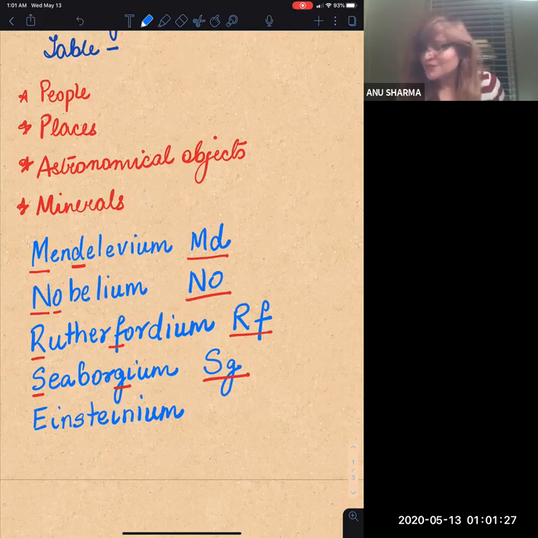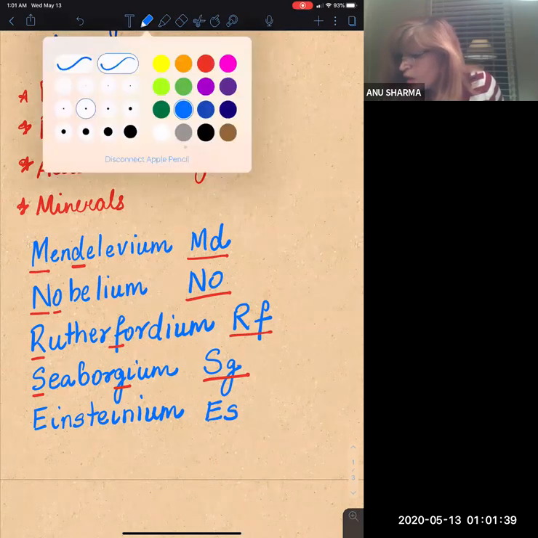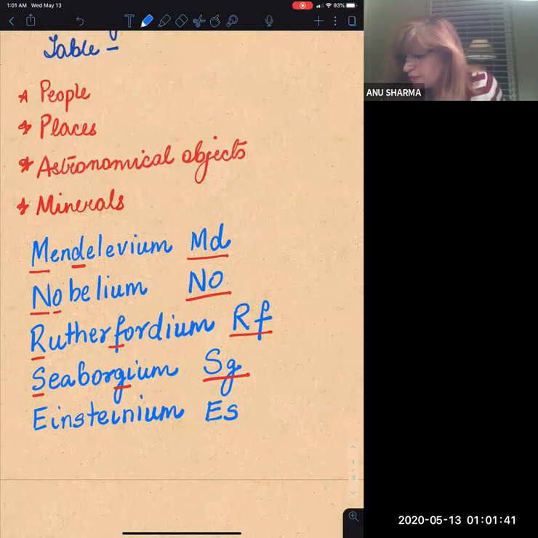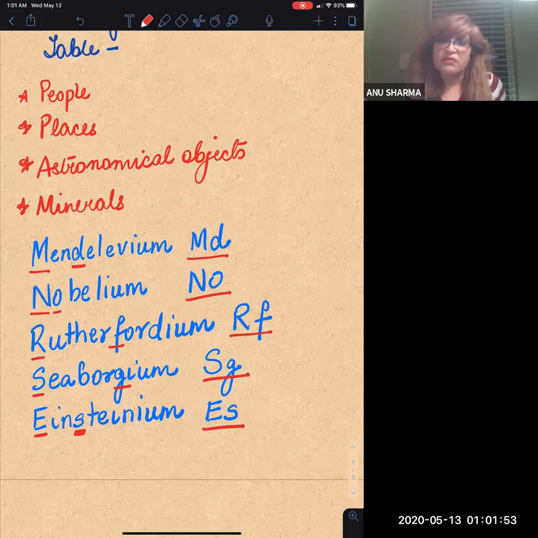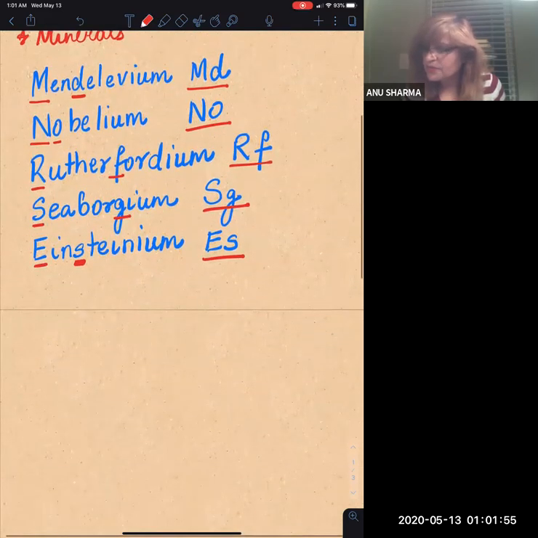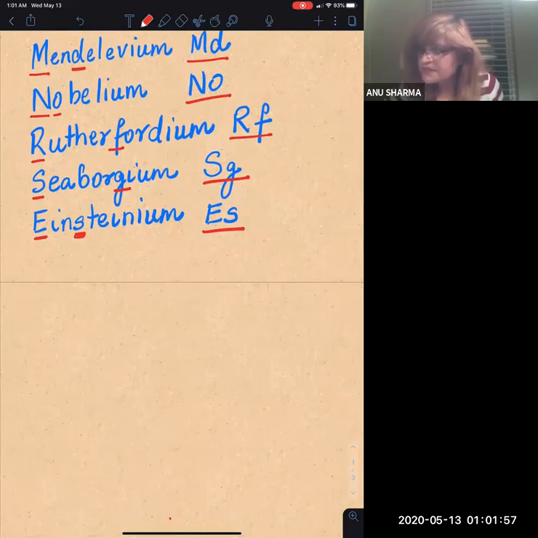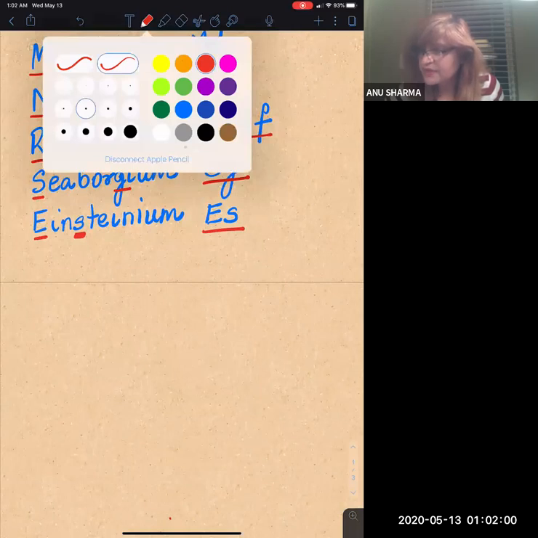You don't want to mess up the spelling, because then the name goes wrong. So Einsteinium would be ES. Again, no hard and fast rule about which letter we choose; it's the way it sounds to the ear, and it comes through practice. Just like you get to know people by learning their names, you have to speak these element names and their symbols loudly to get a feel for it.